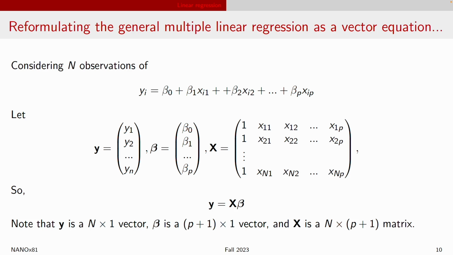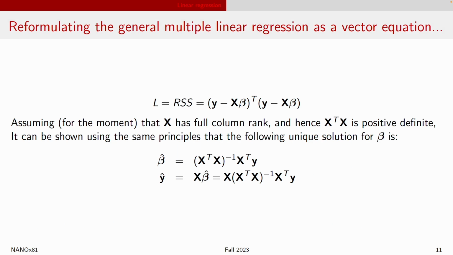Now I'm not going to go through the derivation again, but if you calculate the loss, the residual sum of squares is just (y minus x times beta) transpose times (y minus x times beta), and this is the sum of squares of your multiple linear regression model.